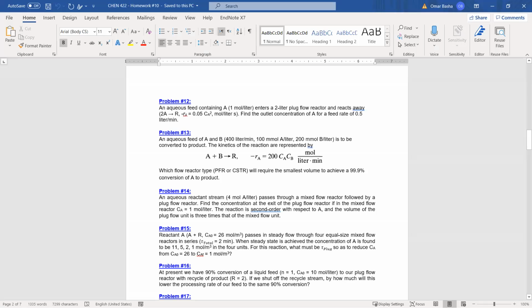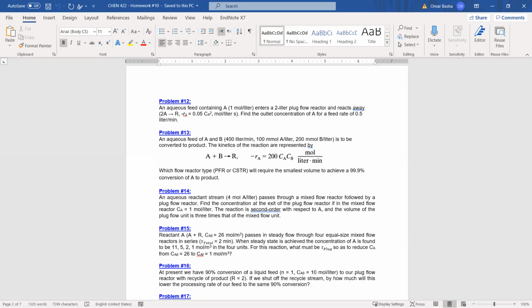Okay, so now let's continue. So now we're doing problem number 13. In this problem, an aqueous feed of A and B, 400 liters per minute, 100 millimoles of A per liter, 200 millimoles of B per liter, is to be converted to product.